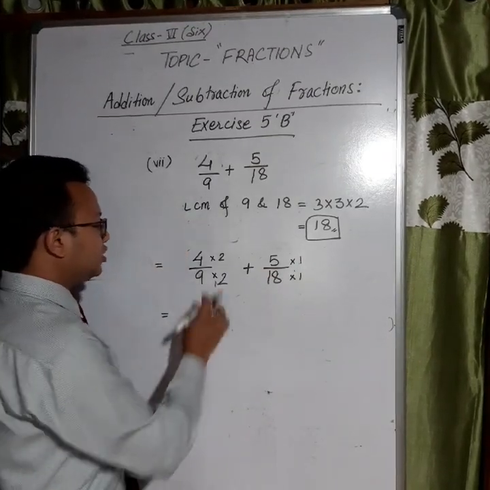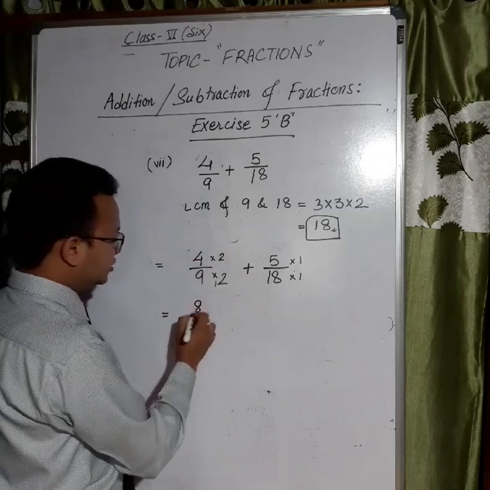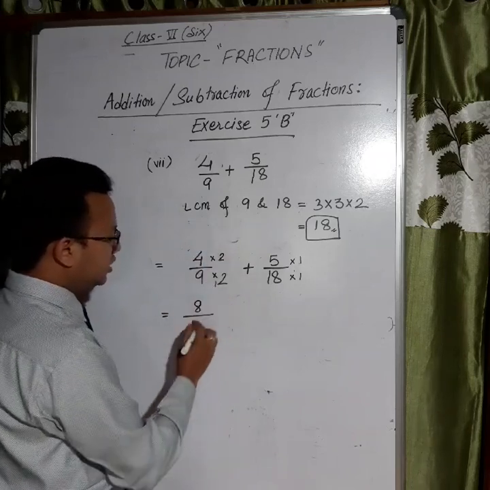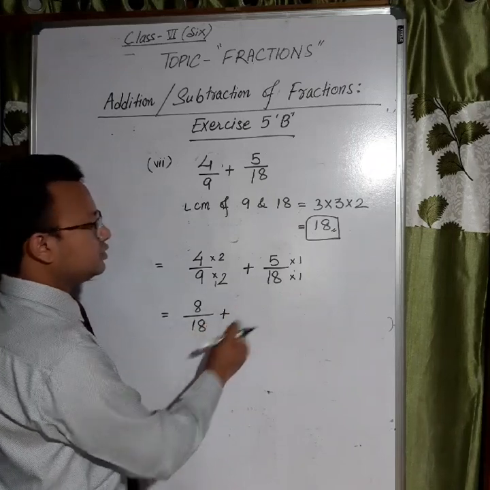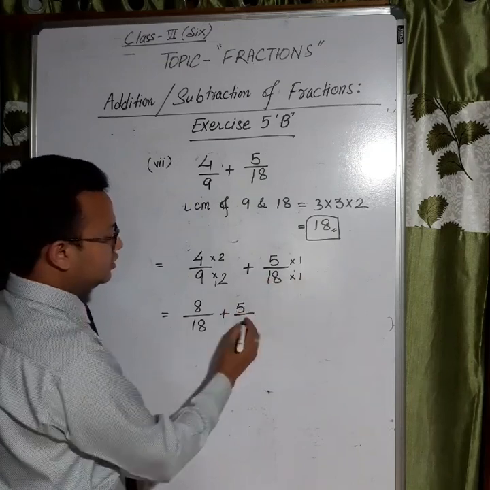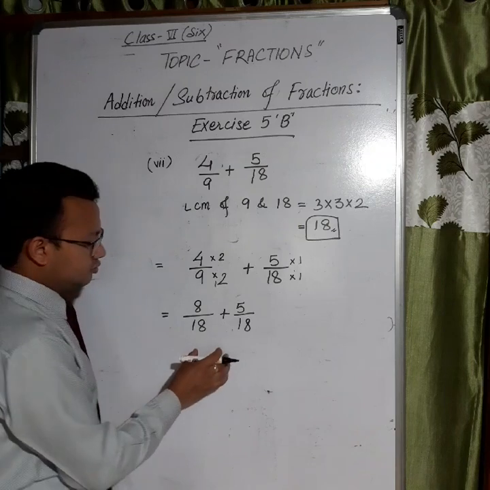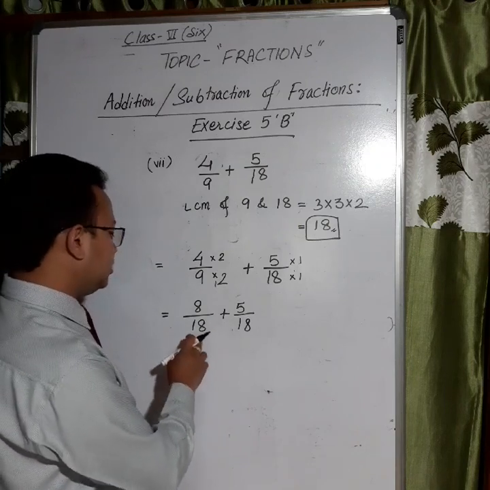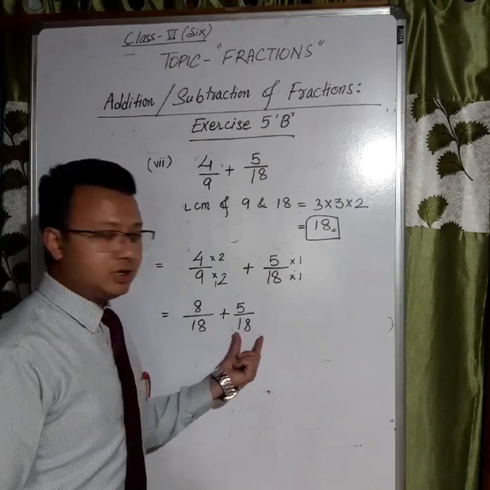Now let's check. 4 2s are 8 upon 9 2s are 18, plus 5 1s are 5, 18 1s are 18. So now we can easily see that these two fractions have the same denominators.